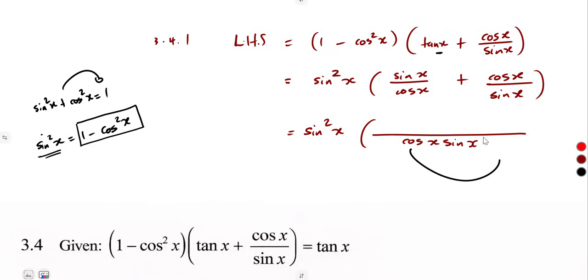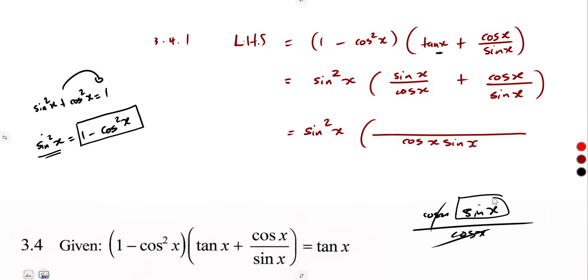Dividing here, cos x and cos x, they were going to cancel. So you remain with sine times sine. All right. So it's cos x, sine x over what? The cos of x, the denominator there. So these we're going to cancel. You remain with the sine of x, which multiplies the what? The numerator.